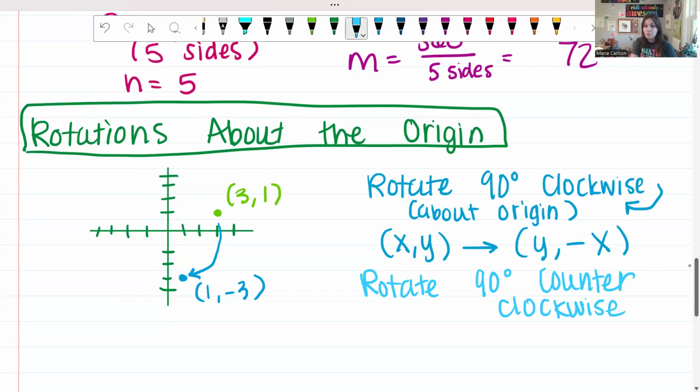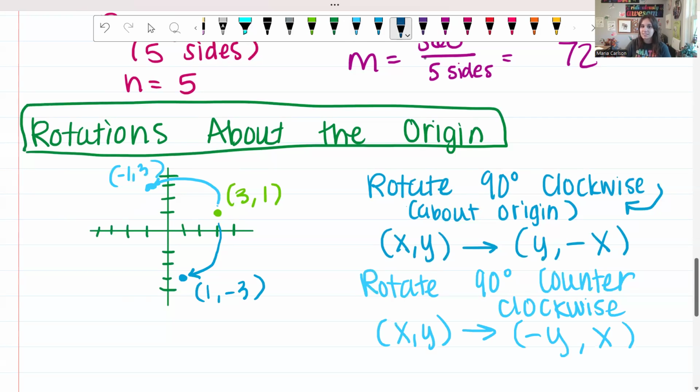So if we take this point 3, comma 1, and it goes 90 degrees in the opposite direction, now it is going to be the point negative 1, comma 3. So this x, comma y is now negative y, comma x, right?